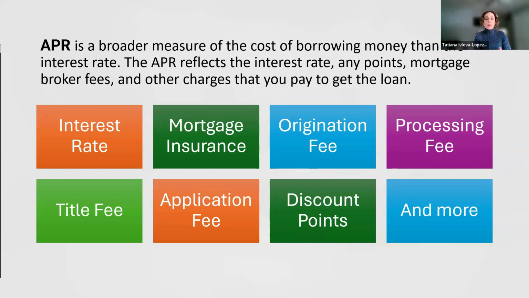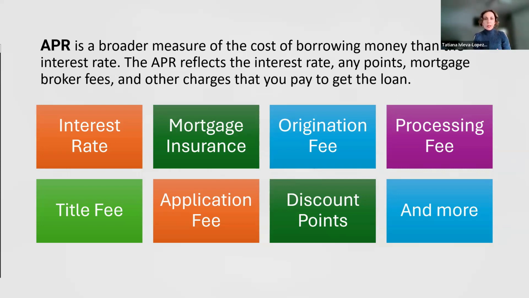So it's important to remember that the interest is paid based on the interest rate, not on APR. APR is just something that shows you that there are some other fees that were involved in getting the mortgage. VA funding fees are also included in that.